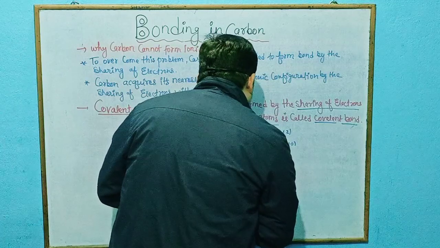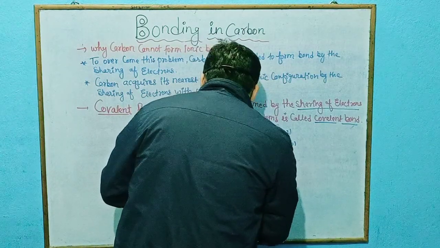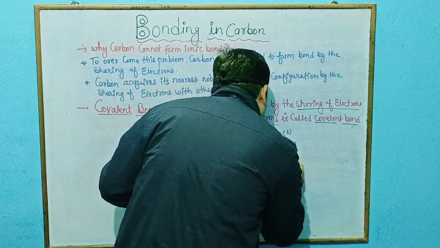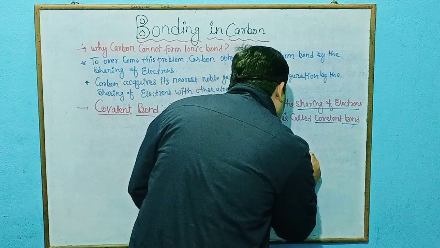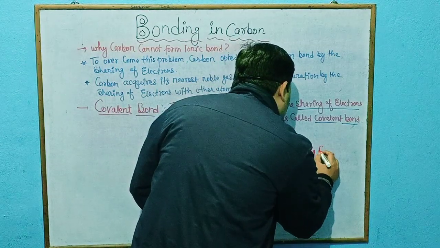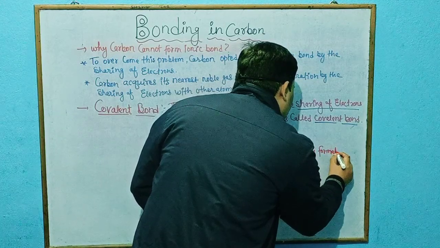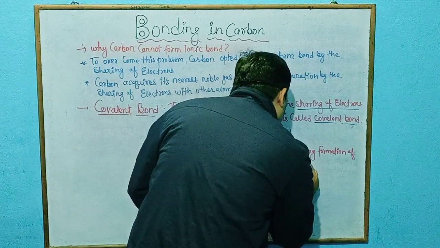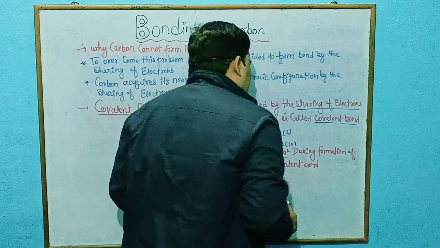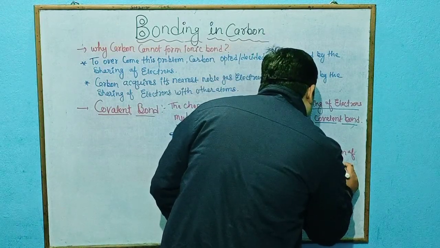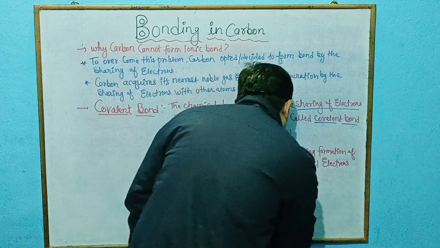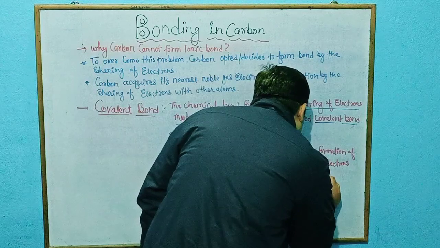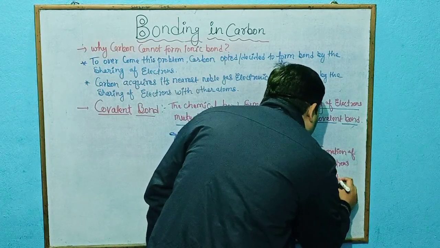During formation of a covalent bond, electrons are always shared in pairs.